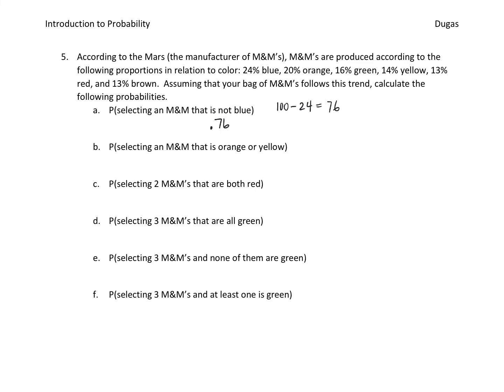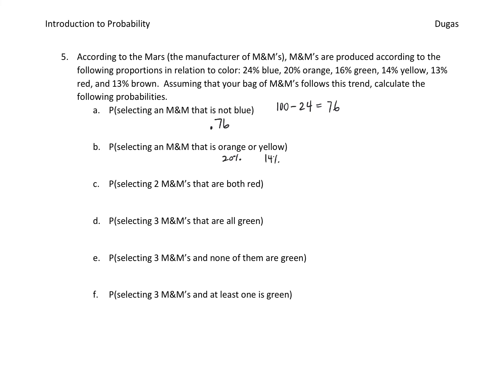Okay, part B, the probability of selecting an M&M that is orange or yellow. So orange is 20%, and yellow is 14%.